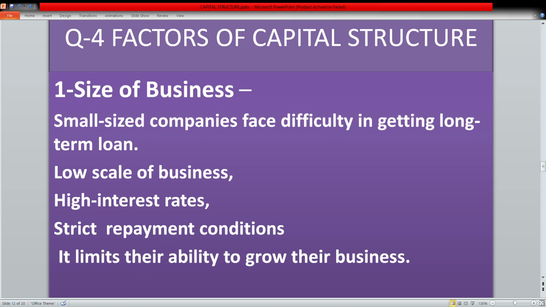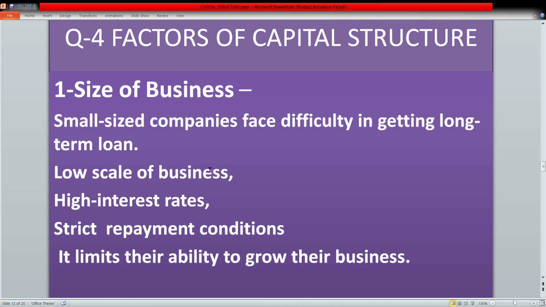If the bank agrees, again, they charge high rate of interest. So low scale of business, high rate of interest, strict repayment conditions are very much important for small size company.